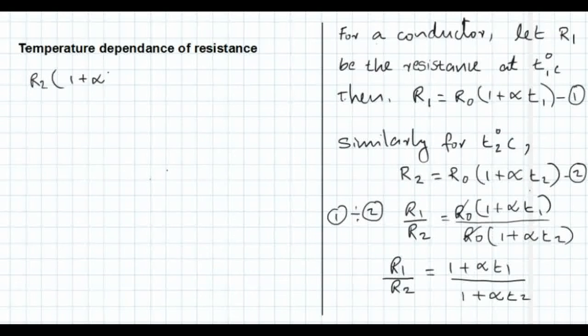It should be R1 into 1 plus alpha T2 is equal to R2 into 1 plus alpha T1.